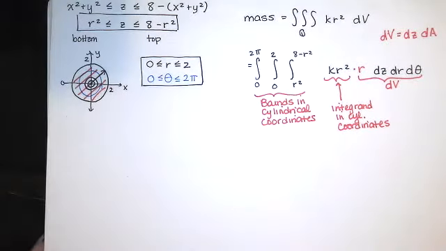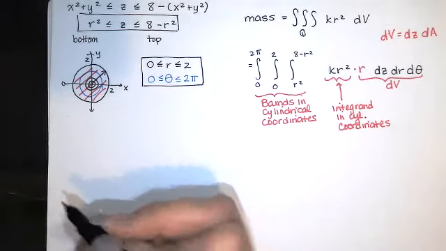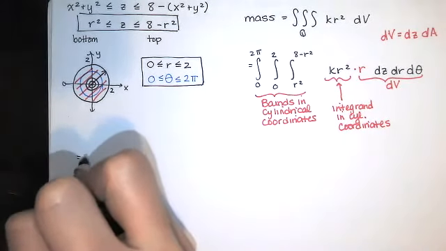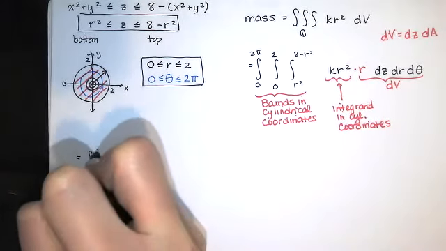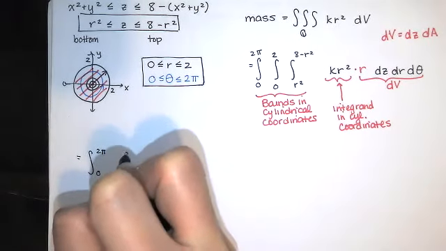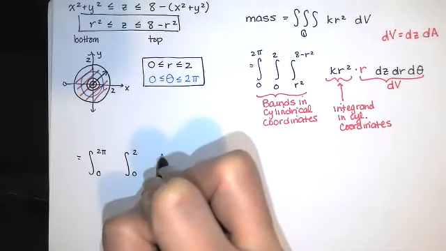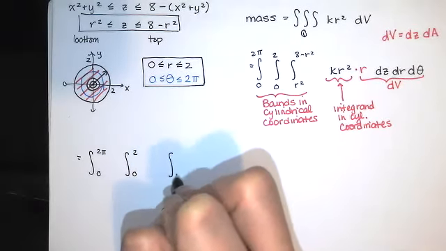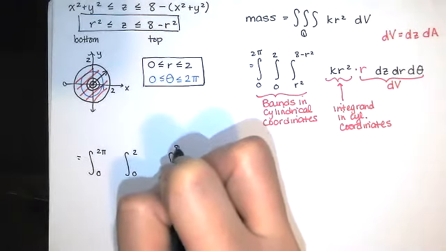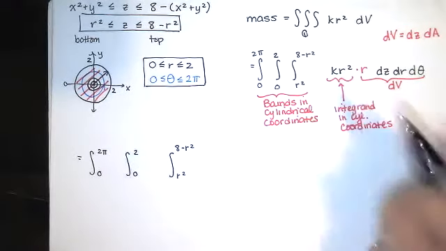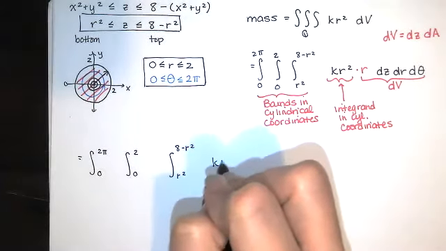Now let's evaluate it. So I'm ignoring these integrals on the outside at first, and I'll simplify that integrand. That's k times r cubed.